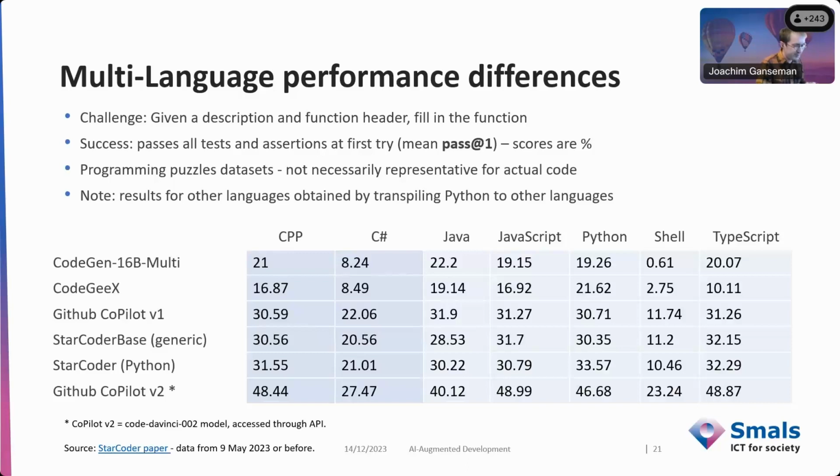These models, if they work for code, don't work as well for every language. I'm not going to dive deeper into this because this is one of those enormous tables. But this is just to make a point that whatever is a good model for Java is not necessarily a good model for C++ or C# or shell scripts or whatever. ChatGPT is fairly good in quite a lot of things.